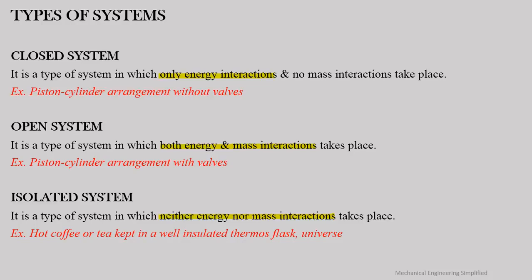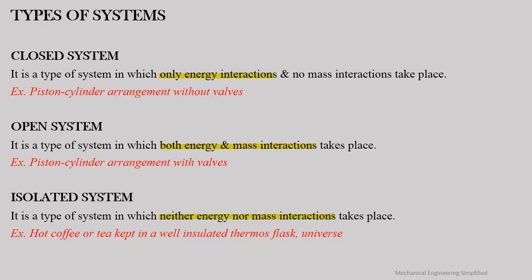But please let me make it clear that ideally that thermos flask cannot be considered an isolated system, because after some point of time it will lose some heat and eventually that hot fluid will become normal. So it is somewhat isolated but not completely isolated.